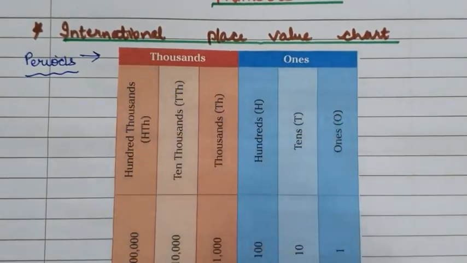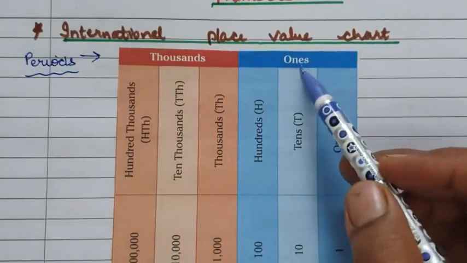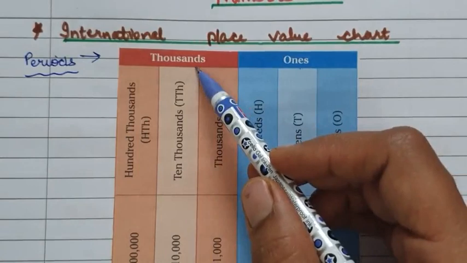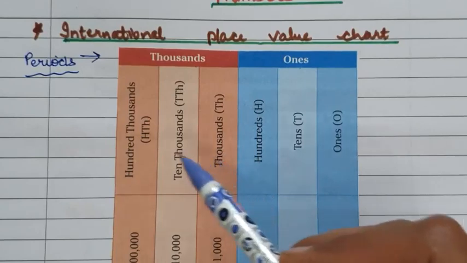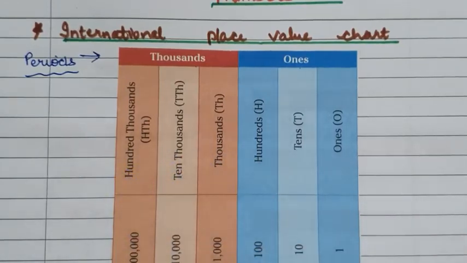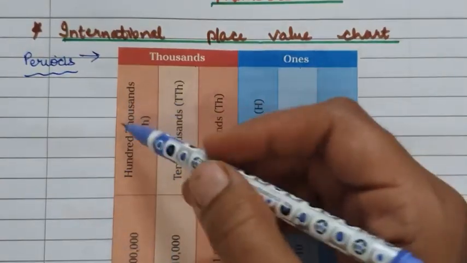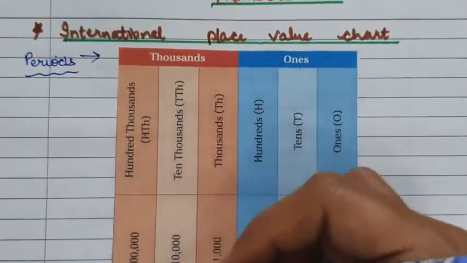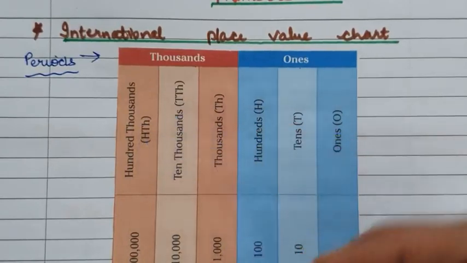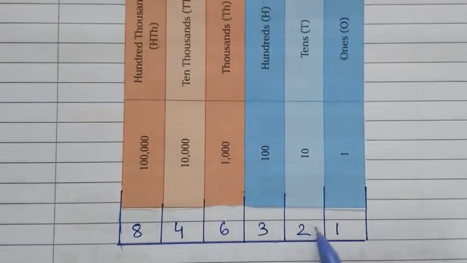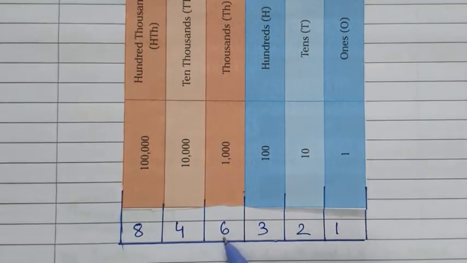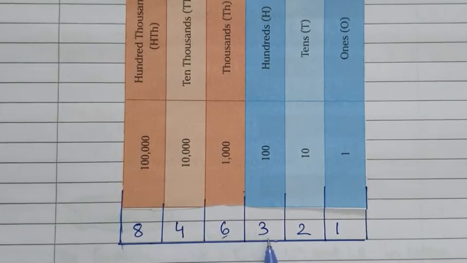Let us discuss the international place value chart. We have two periods here, that is the ones period and then the thousands period: ones, tens, 100, 1000, 10,000, 100,000. So there is a change which you have to keep in your mind. Now suppose a number is given to us. How will we read it? Let us start. 846,321.